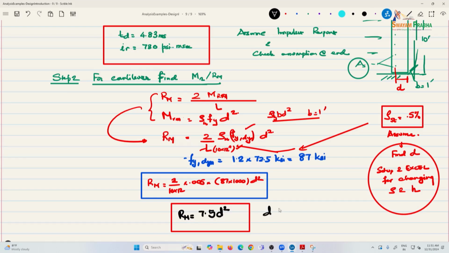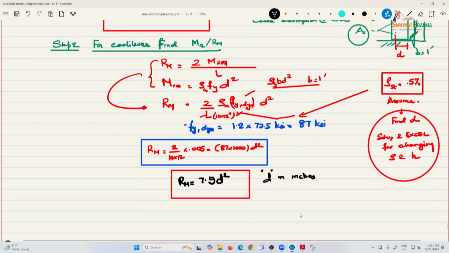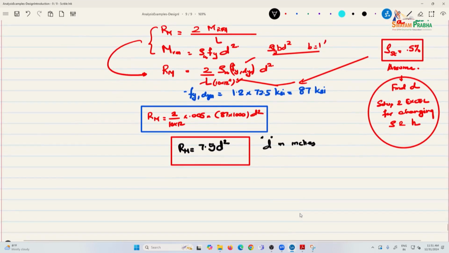D is in inches. Again, this is something for you to note. Anytime you have numbers like this, always add what units you are expecting D to be in, because these numbers don't tell you any story, and the whole thing is in pounds.